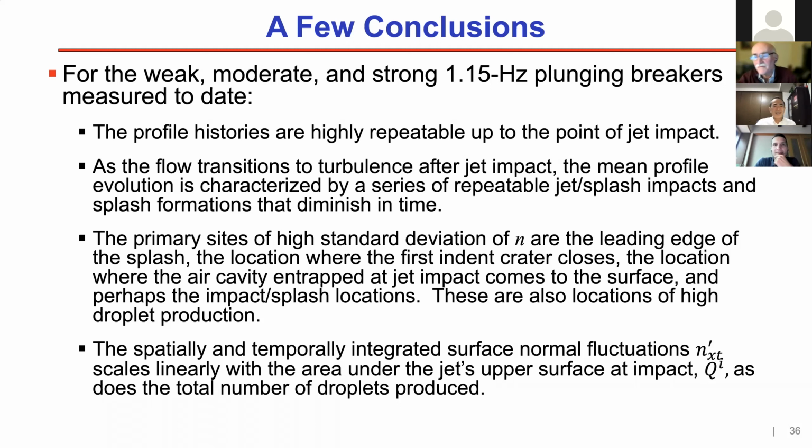Touching on that, were you able to observe any recurrent breaking? Or is it just one breaking and it's done? This is something I forgot to say. The weakest breaker is such that if you decrease the amplitude of the wave maker motion, it'll start to look like a spilling breaker.